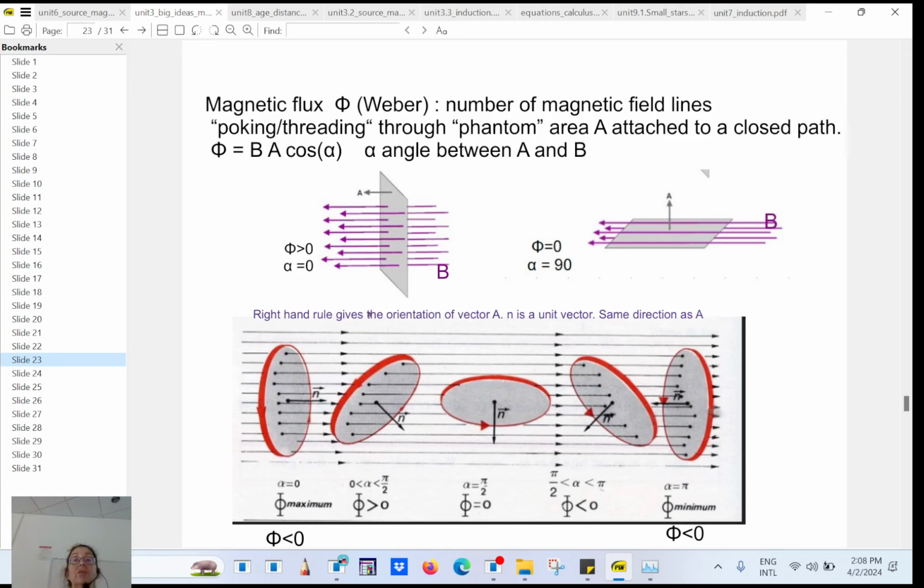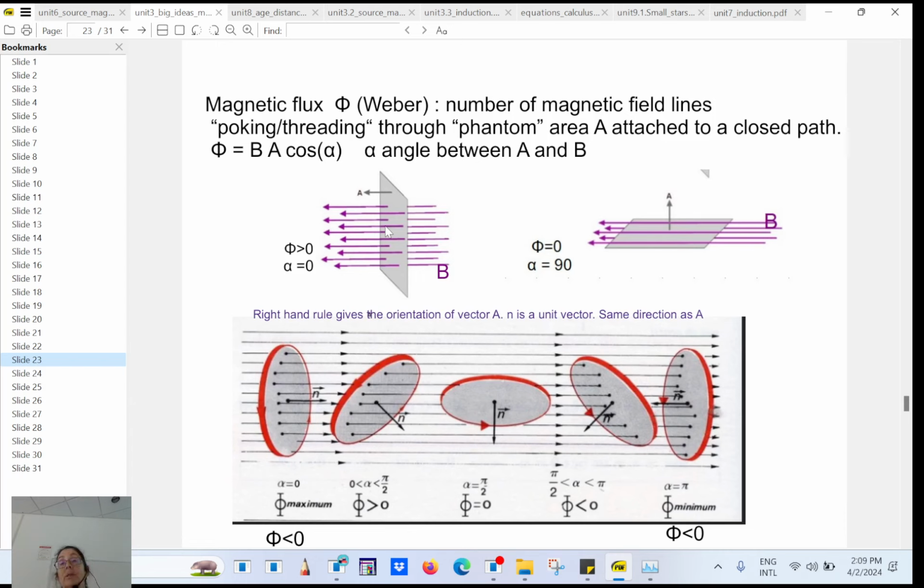We define this flux as depending on the magnitude of the magnetic field, because of course, if you have a stronger magnetic field, you're going to use those lines to show that. If you have a stronger magnetic field, it means that the lines will be more packed together. Is that clear? It's a contour line.